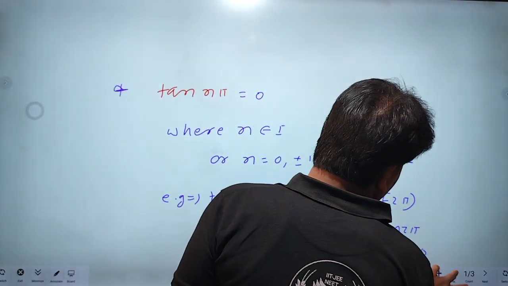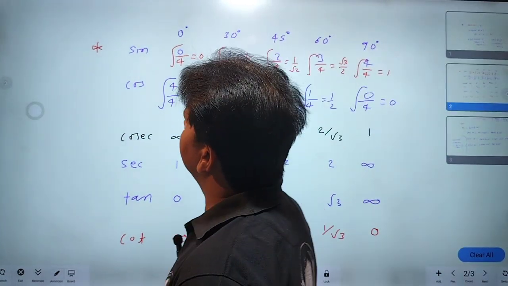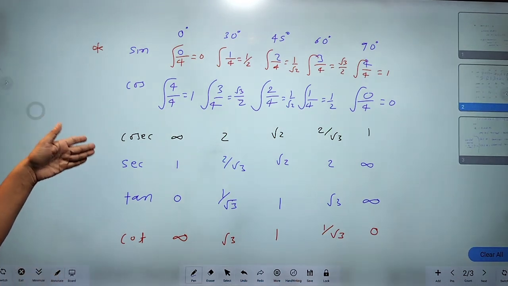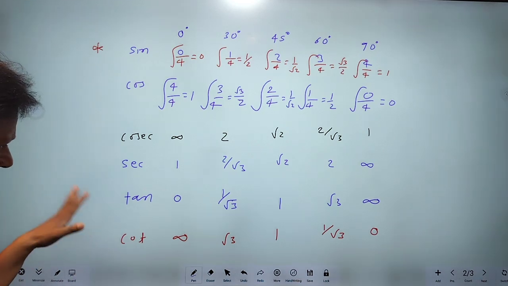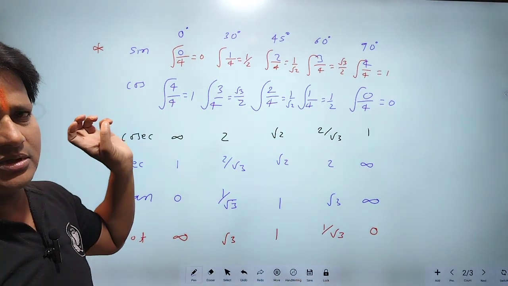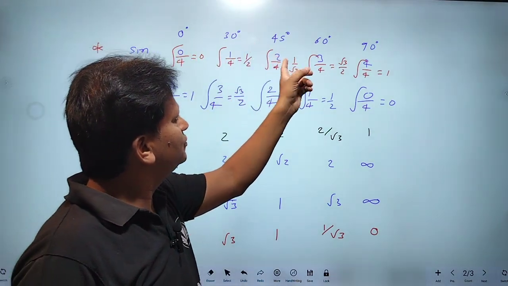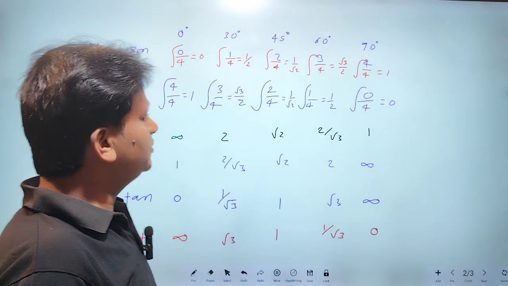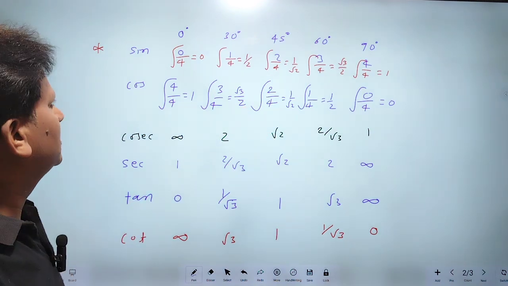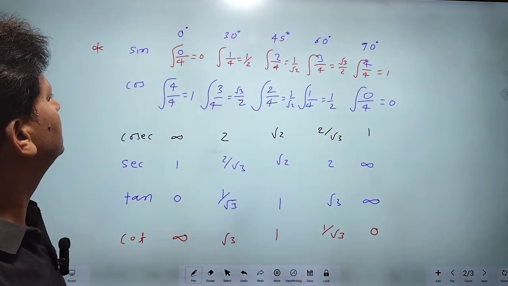Now I am going to discuss how to find the value of sine, cos, cosec, sec, tan, cot. First of all, you put 0, 1, 2, 3, and then you divide each by 4, and then after that you take the root.